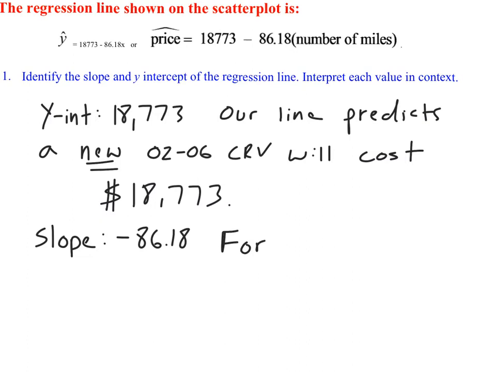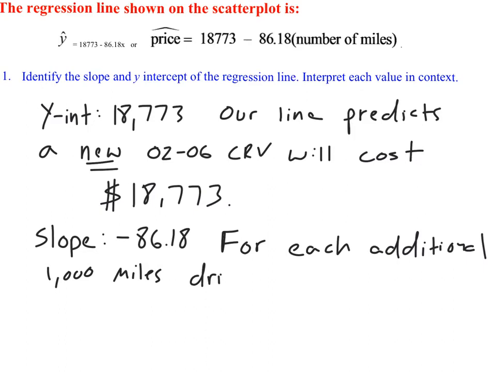Think of change in y over change in x. I always start with describing x. For each additional, that word additional is really important, 1,000 miles driven. This next part is really important too. Our line predicts. That word should be in there because you saw those points on the scatter plot aren't exactly on the line.